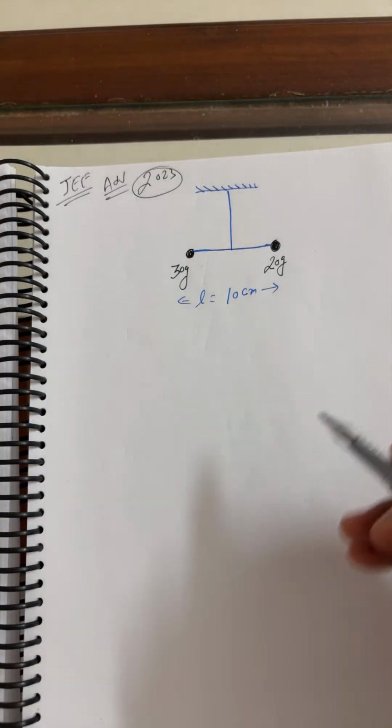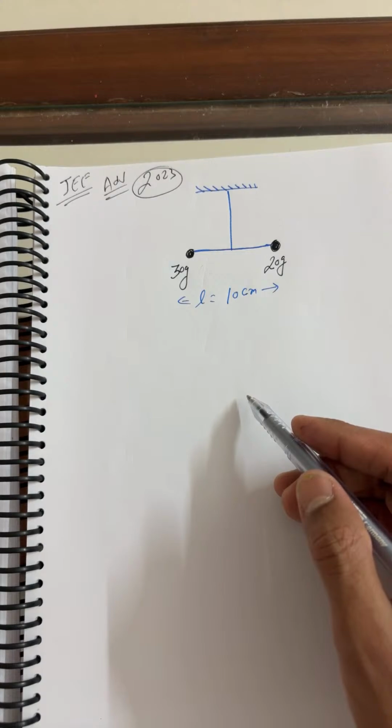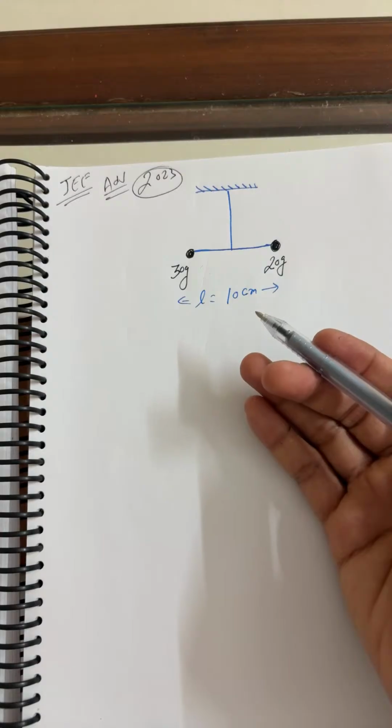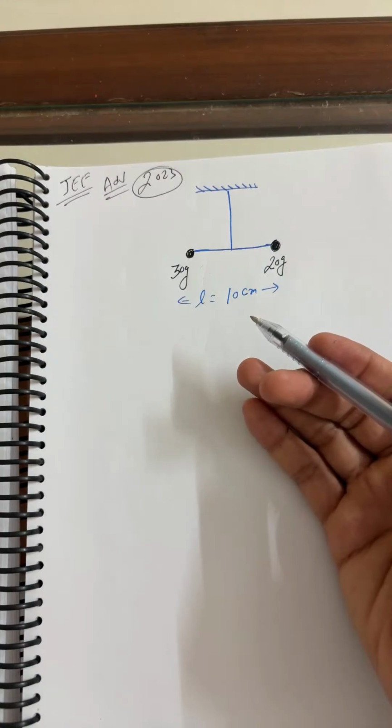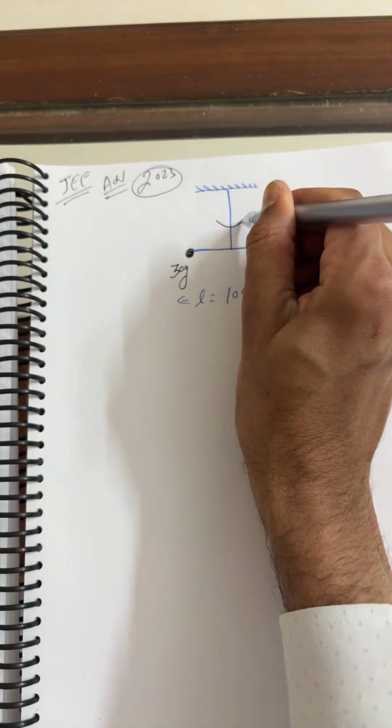Now, what is in the question here? Using a thin wire attached to its center of mass, as shown in the figure, the resulting torsional pendulum undergoes small oscillation. There is small oscillation here, a torsional pendulum.